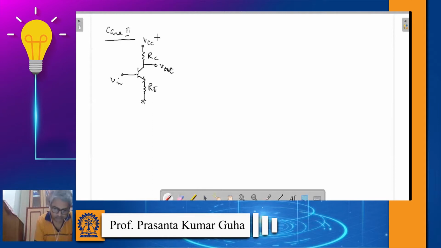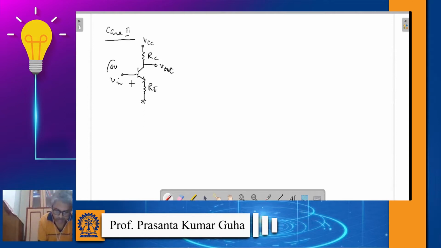In this circuit, you see, if you increase the input voltage by delta V, okay, then this whole delta V will not be across VBE, right?